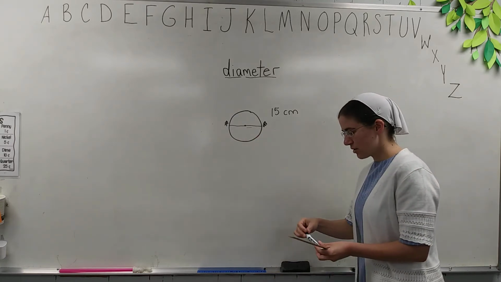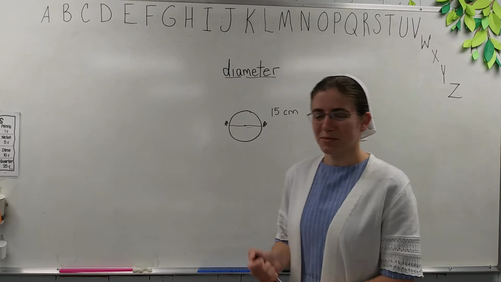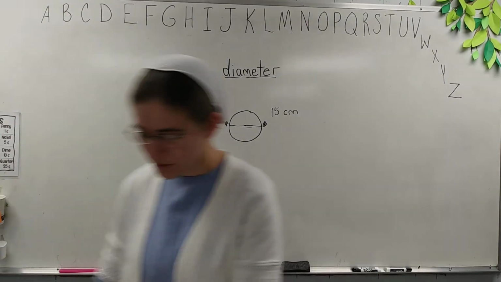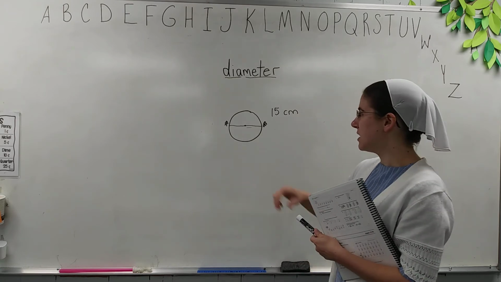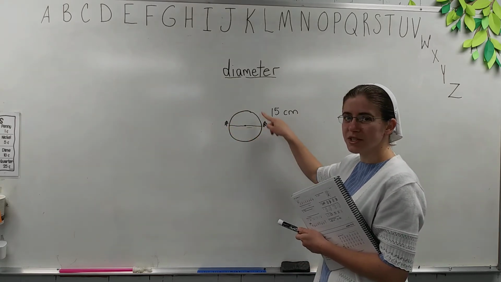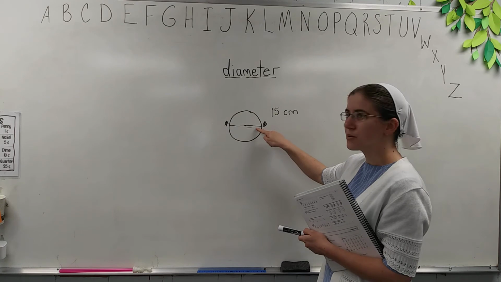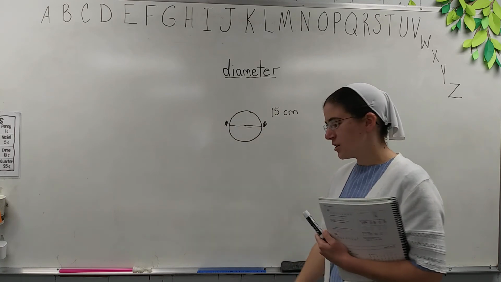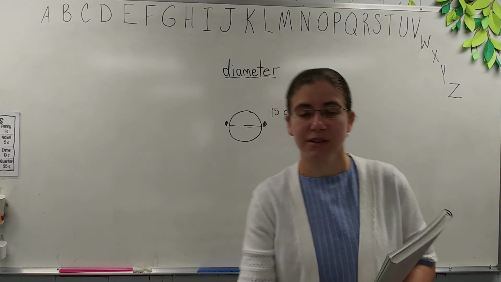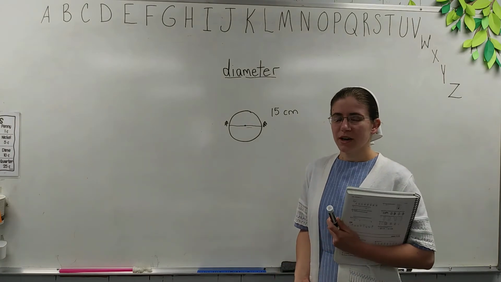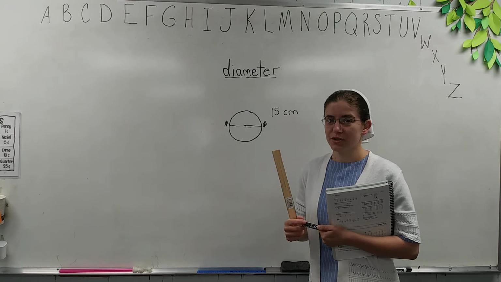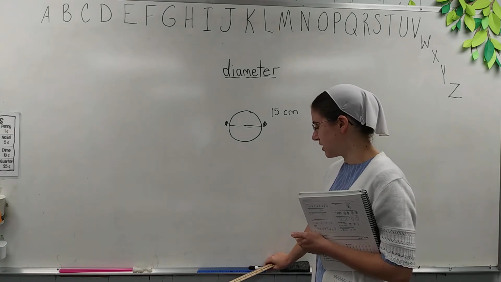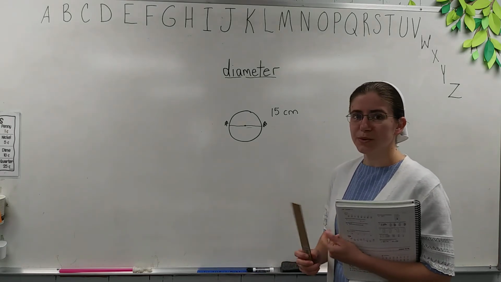All right, so on page 13, you have 3 circles to measure. In your book, you have circles with a line right through the middle of them. You're going to use your ruler. If you don't have a ruler, maybe your mom or your dad has a tape measure or something like that. Hopefully you have a ruler at home, because you will need a ruler.